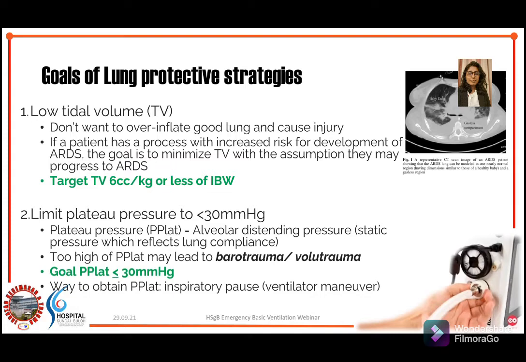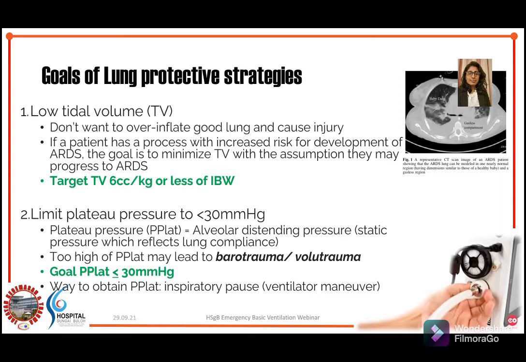That is called the baby lung, which means that they only have very little functioning lung capacity left for ventilation. All right, the rest is all gasless compartment. So you don't want to simply add a large or normal tidal volume, because you know that you're going to overexpand the only baby lung left in this patient. Okay, so the target would be 6 cc per kg or less of the ideal body weight.